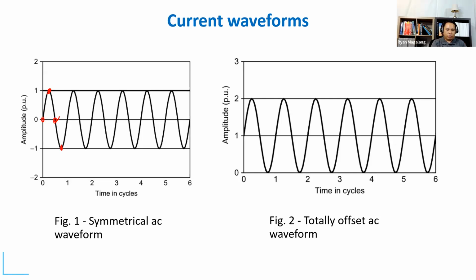So this curve is a totally offset AC waveform. Notice here that the zero is here, and this waveform did not cross the zero boundary. It's in the positive quadrant only. So it oscillates between 1 per unit and 2 per unit.